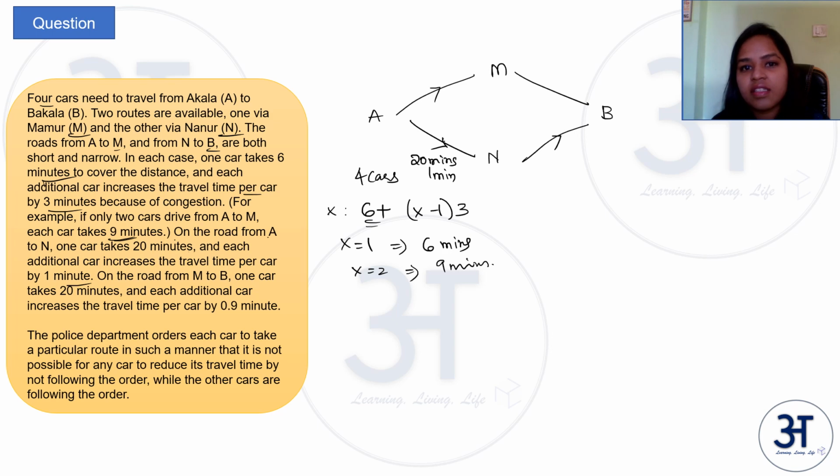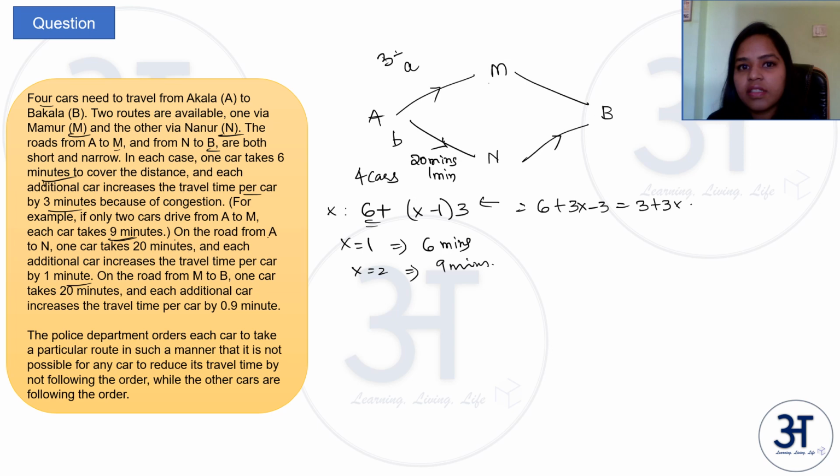Again, let us say the number of cars traveling in the route AMB is A, and the number of cars traveling in the route ANB is B. In that case, using what we have just obtained, this will be equal to 6 plus 3x minus 3, that is equal to 3 plus 3x.